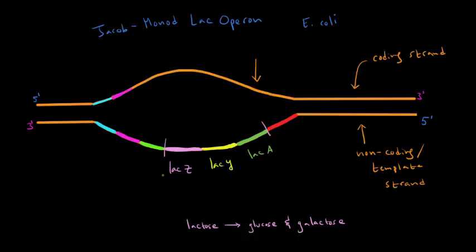So let's look at the LacZ gene. The LacZ gene codes for a protein, beta-galactosidase. And beta-galactosidase is the enzyme that actually breaks lactose down into glucose and galactose. The LacY gene codes for the enzyme lactose permease.